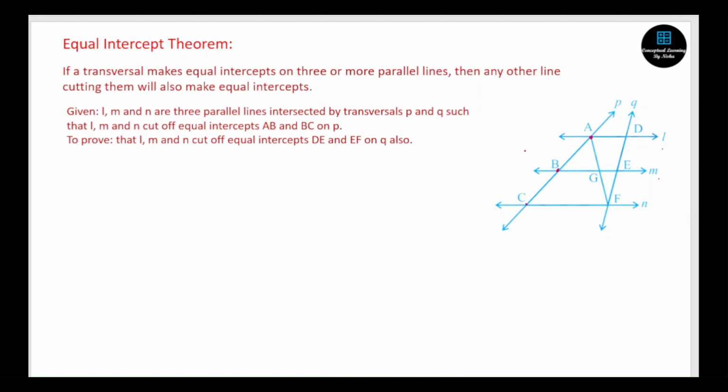Now, you get it? What we have to prove? Yes. So, now we are going to use midpoint theorem to prove this. I'll just consider triangle ACF. So in triangle ACF, see B is the midpoint. Why? Because AB is equal to BC.